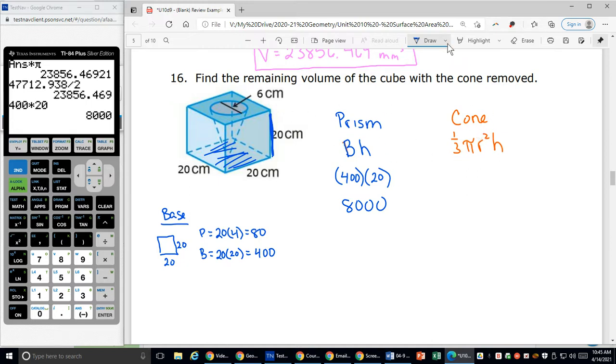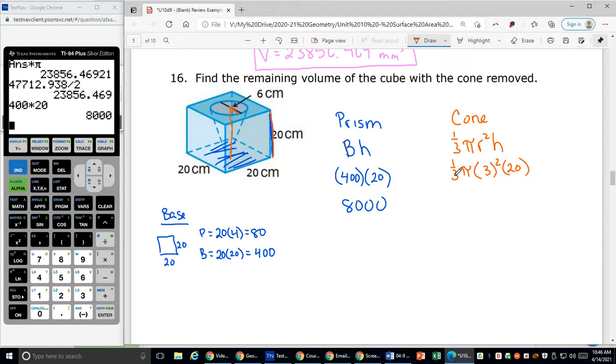So now I'm going to look at the cone. My cone is 1/3 pi r squared h. My radius, if it's 6 all the way across the cone, then my radius is 3. And then the height of that cone takes up the whole prism, so it's the same as the height of the prism. It is 20.